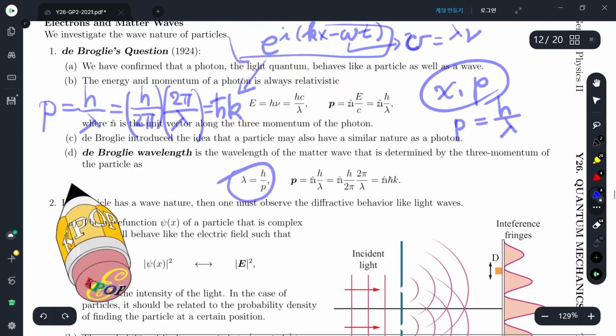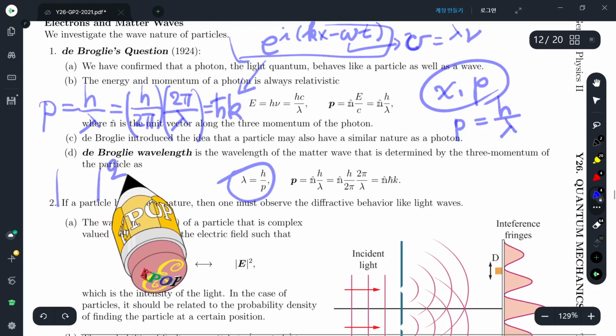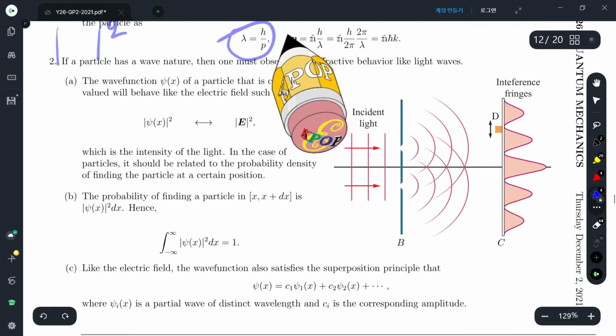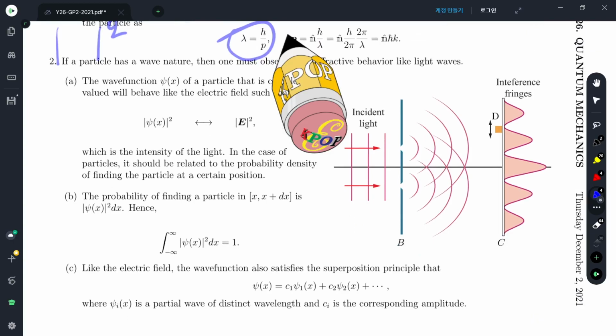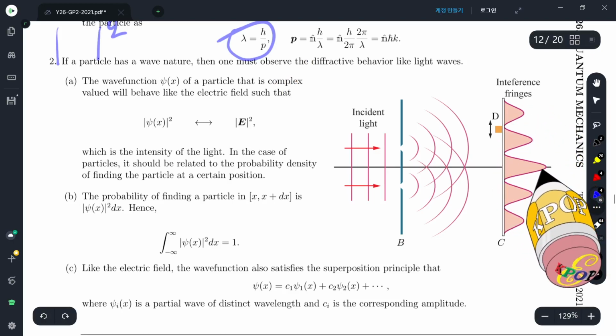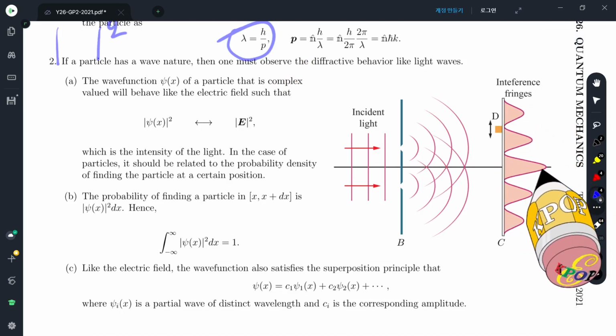In this case, the exponential's absolute value squared can be interpreted as the intensity, or as the probability density of finding a particle, based on the fact that when we consider the interference pattern in Young's experiment, the brightness of the bands reflects the intensity of the light, that is actually the amplitude squared of the electric field.